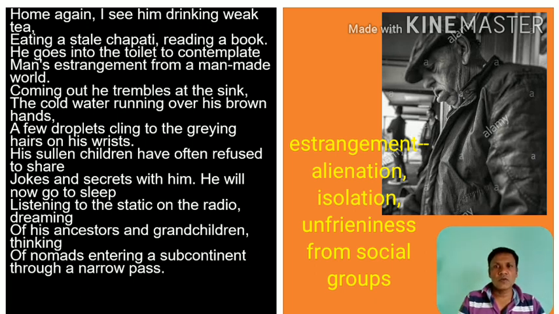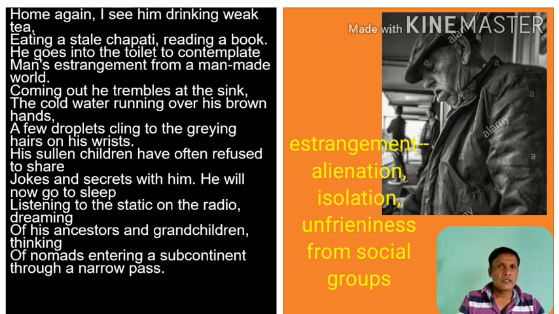He feels isolated, and this line, man's estrangement from a man-made world, nearly sums up the theme of the entire poem. The father is indeed aware of his estranged situation and hopes to find some support in the family when he hurries onward to his home.